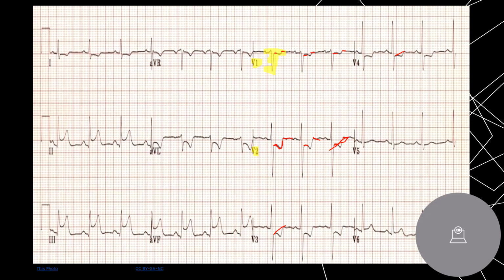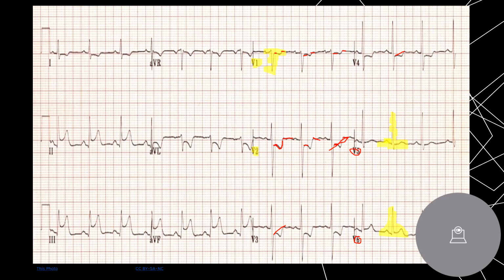And then 5 and 6 is low lateral. 5 looks good. Let me just highlight a complex so you can see it. So P wave, QRS, and then T. Okay, so that looks pretty good. And then you go into 6. 6 definitely has changes. Okay, so let me highlight one complex here. Cardiac complex, good.